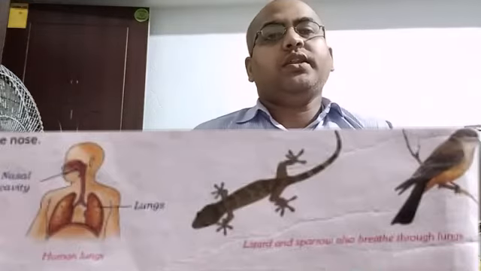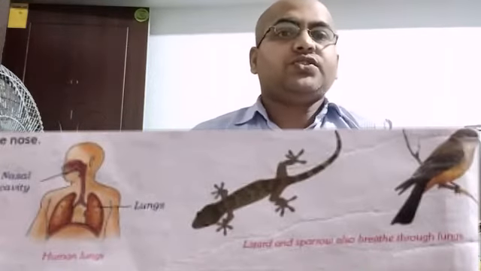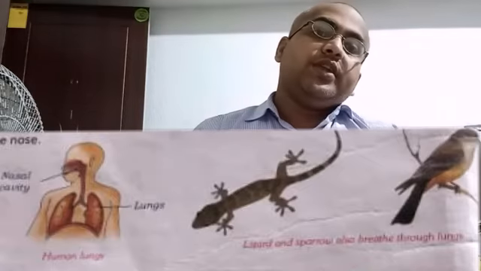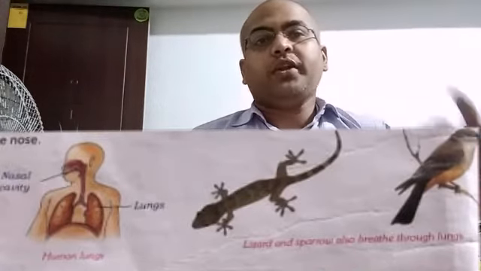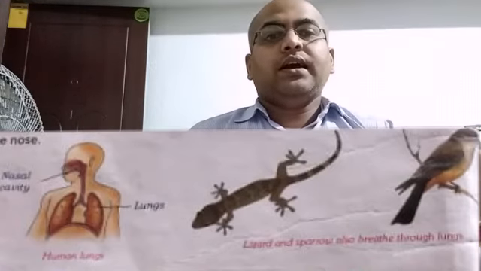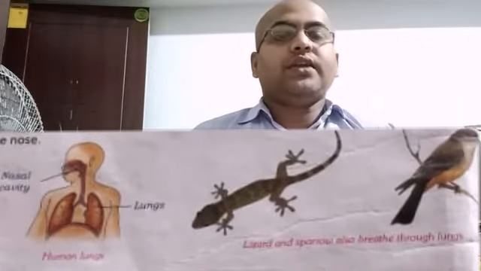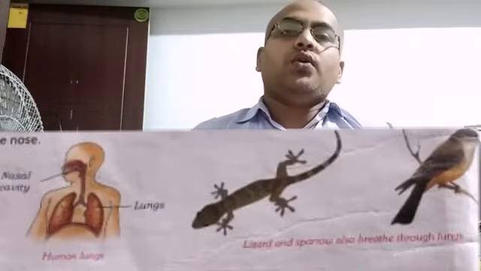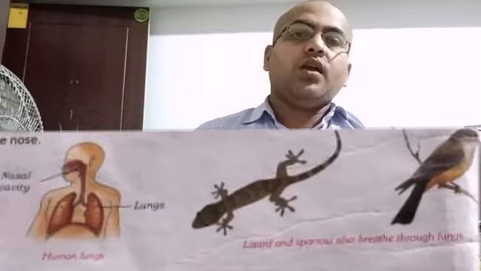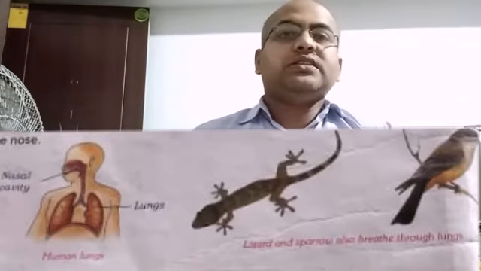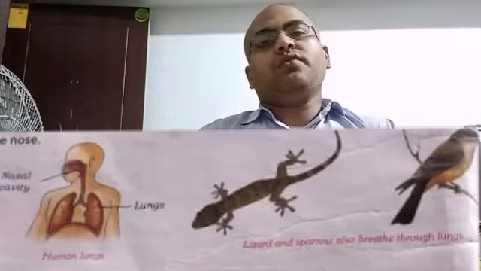When they breathe in, the air fills the balloon-like structures in the lungs, and from there it is absorbed in the blood, and the blood takes the oxygen to the different body parts, and then carries the carbon dioxide back to the lungs, and from the lungs it goes outside with the help of breathing organs like nostrils.